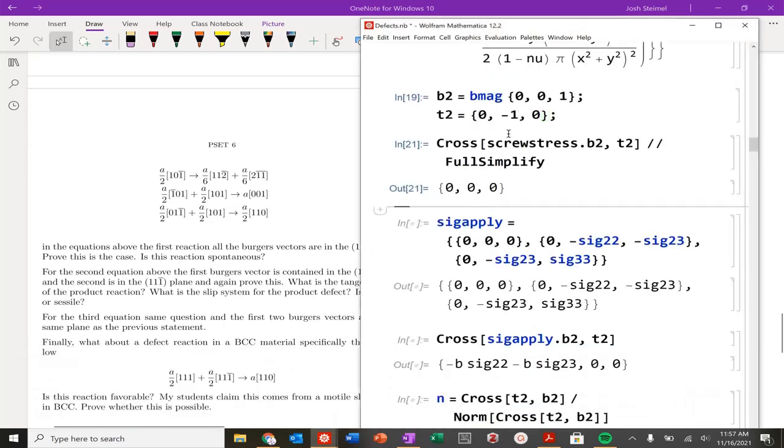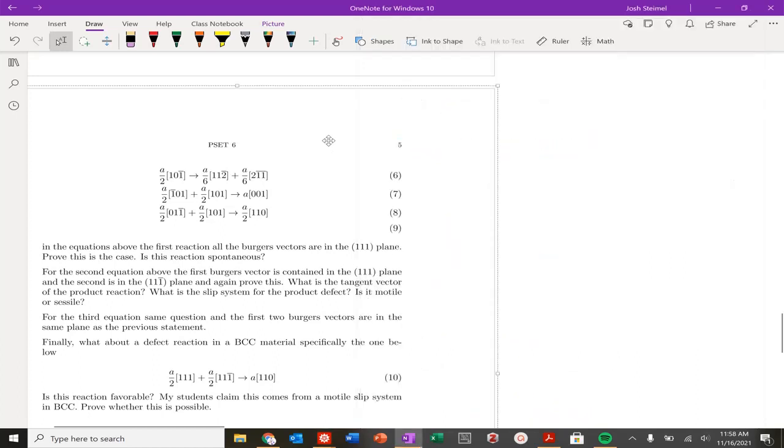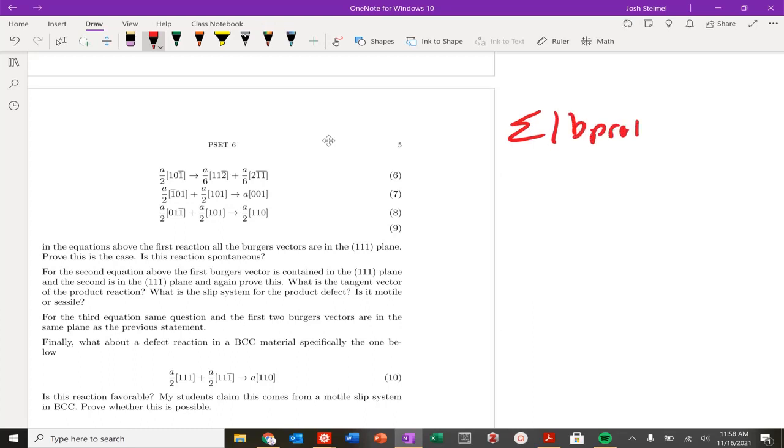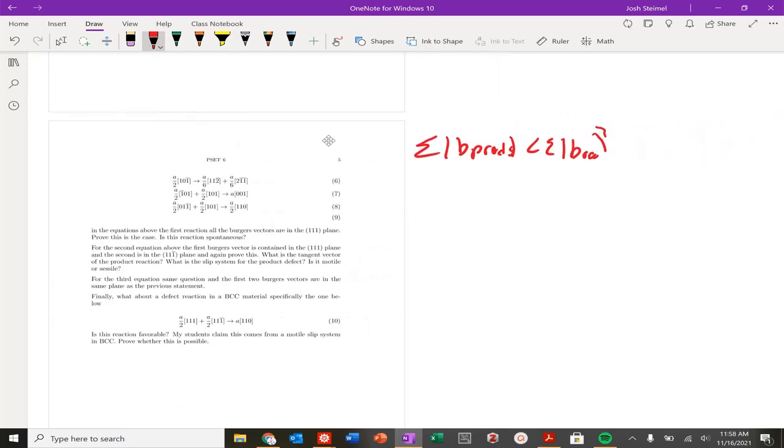We're going to apply Frank's rule. Frank's rule says my reaction is spontaneous if the sum of the magnitudes of my Burgers vectors in the products is less than the sum of the magnitudes of the B reactants.